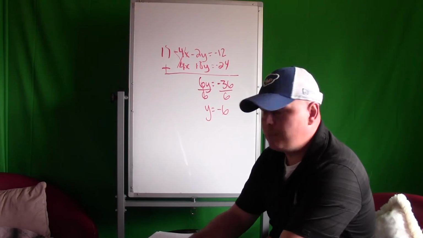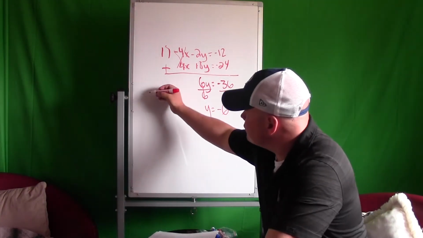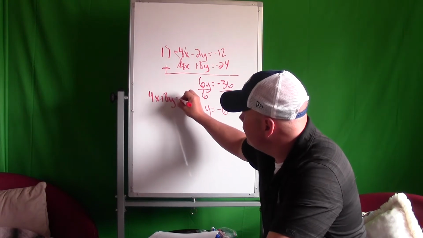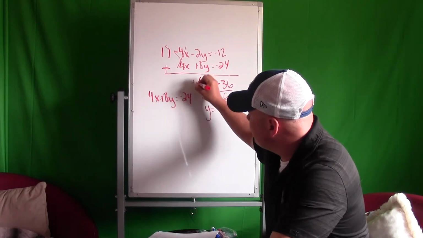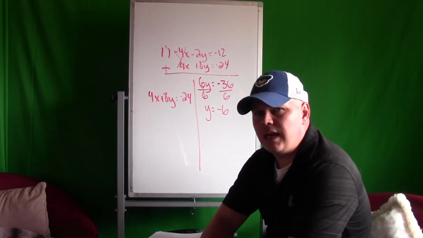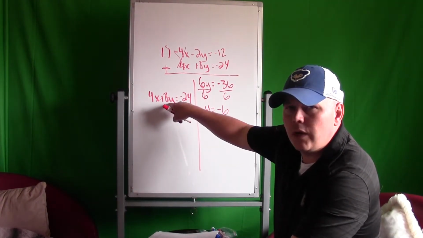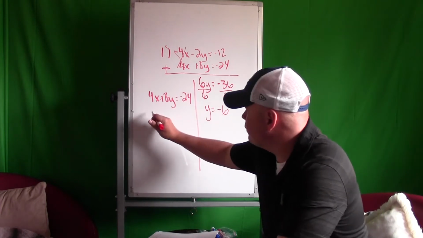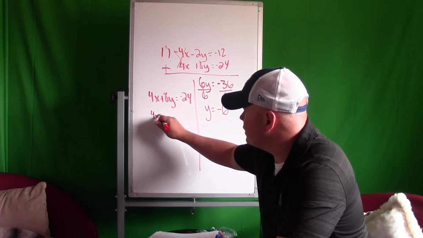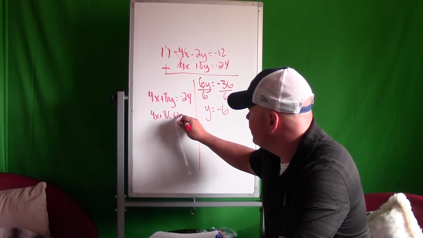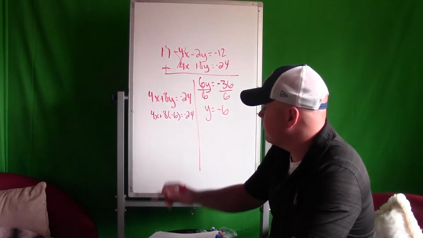Okay, my final step is just plug it back into an equation. So let's look at this equation here, the 4x plus 8y equals negative 24. I'm going to take this y value and plug it in right here for that y value. So I'm going to go 4x plus 8 parentheses negative 6 equals negative 24.